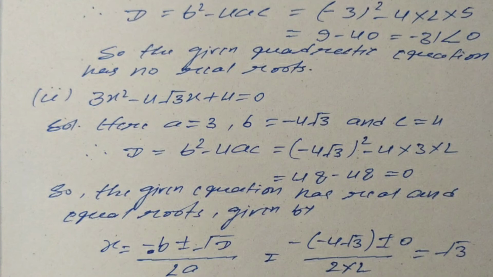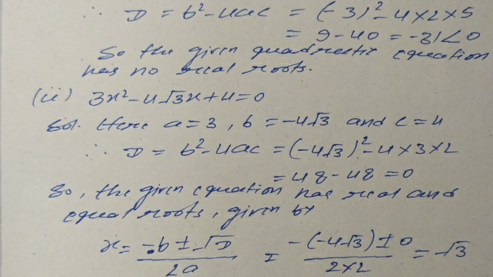So D equal to b square minus 4ac, that is minus 4 under root 3 whole square minus 4 into 3 into 4. So we get 48 minus 48, that is equal to 0. So the given equation has real and equal roots. As D is equal to 0, it will have real roots, but its roots will be equal.